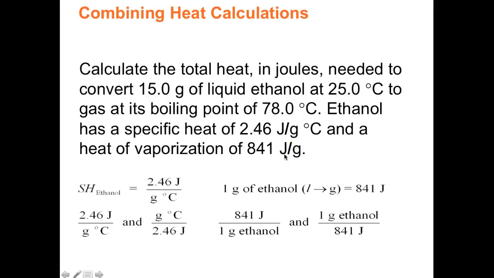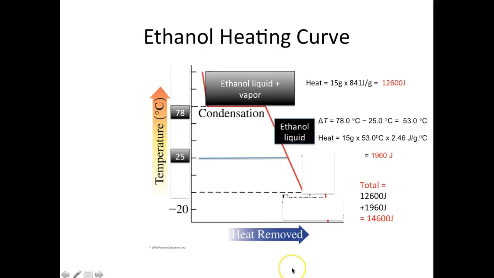All right. So we've been given the specific heat, and we've also been given the heat of vaporization. So first we draw the heating curve, all right?